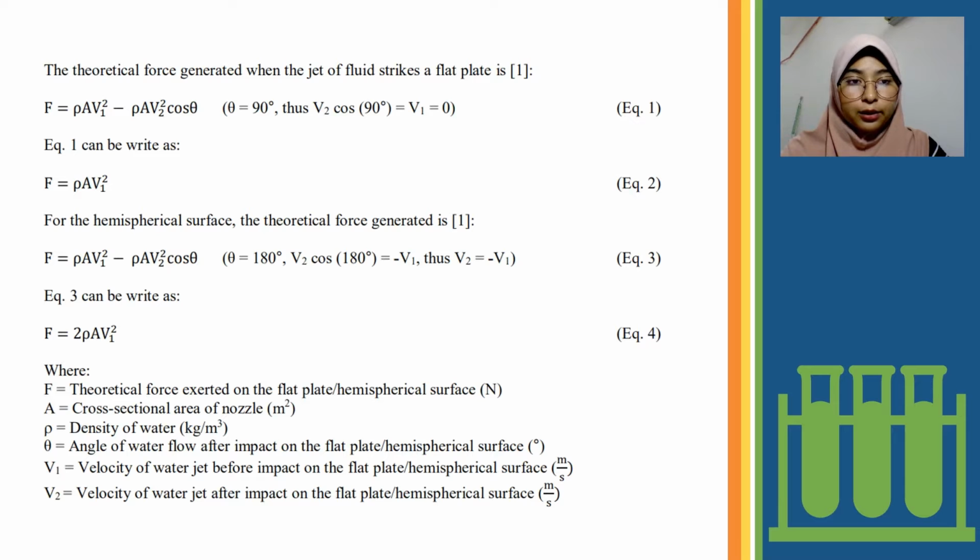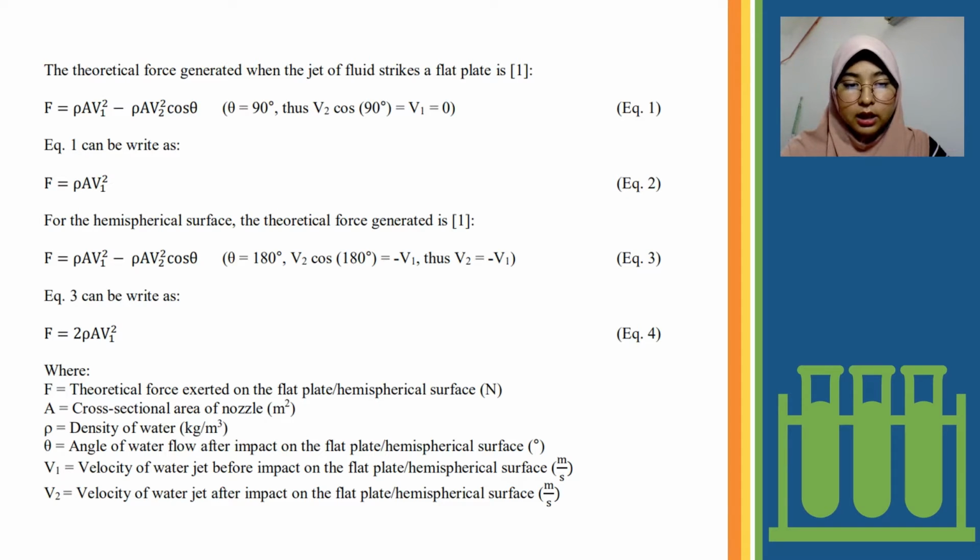These are the equations of the theoretical force generated when the jet of fluid strikes a flat plate and a hemispherical surface. F stands for the theoretical force exerted on the flat plate or the hemispherical surface. A stands for the cross-sectional area of the nozzle. Rho stands for the density of water.